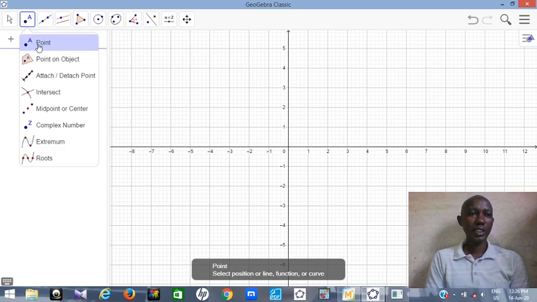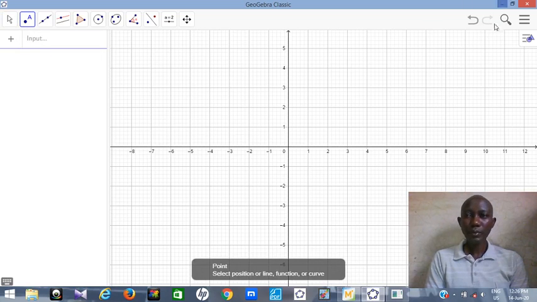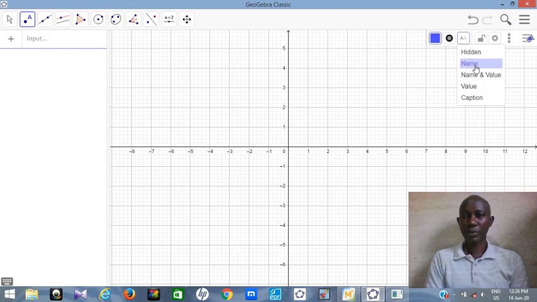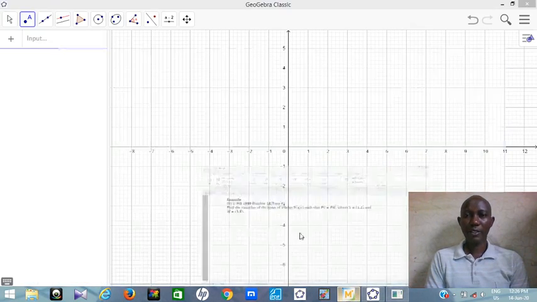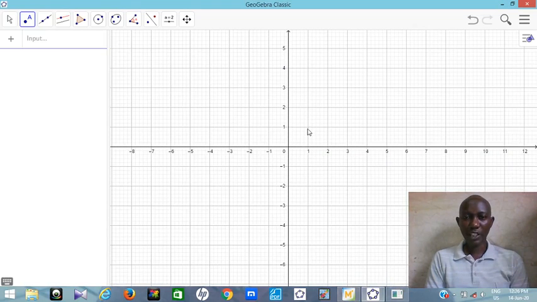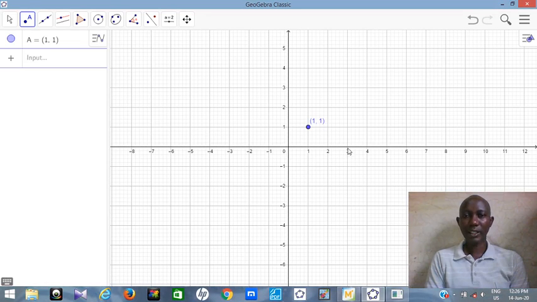The question says we have a point. Let's take V as the first point, (1, 1). The other point is (3, 5). If I have (1, 1), that means when x is 1, y is 1. You get this point. Then (3, 5), when x is 3, y is 5.